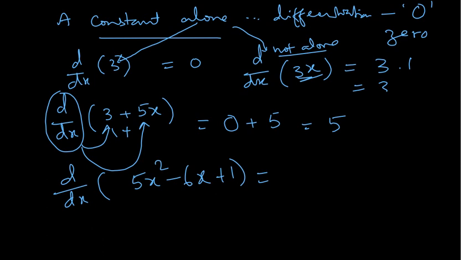So I am asking differentiation of what you see on the screen, 5x squared minus 6x plus 1. Same rule. You have to differentiate this first. How much is the differentiation of 5x squared?